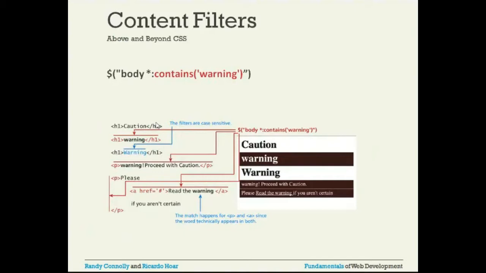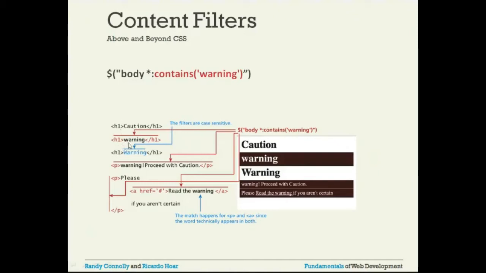These are content filters. If you want to check the content when you are selecting, then you can use this way. One of the methods is contains. If that particular element contains the word warning, it is case sensitive, then it will select that element. So inside the body, all the elements that contain warning.